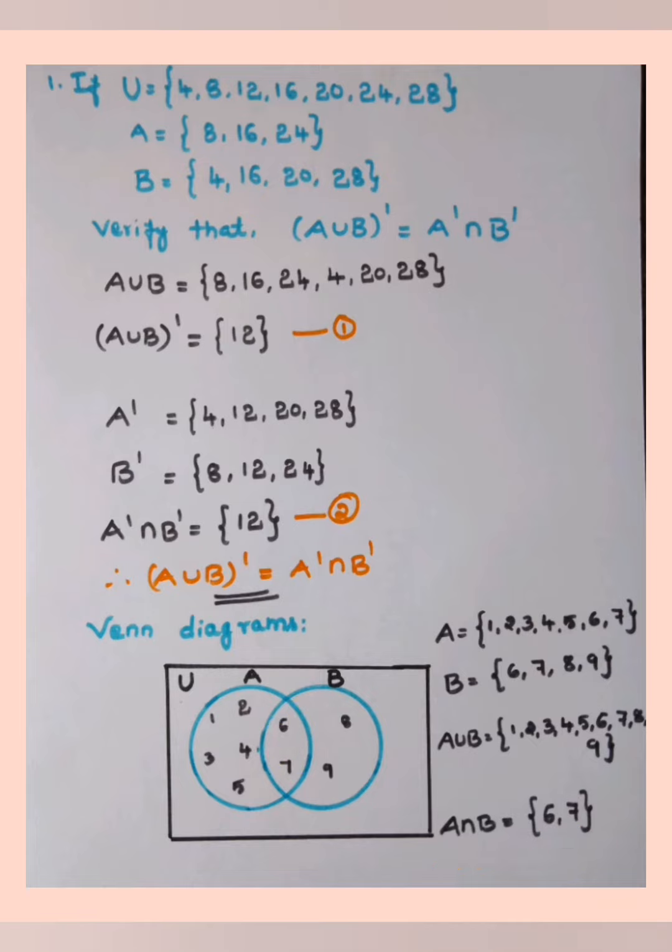In order to shade, suppose they ask only to find out about A intersection B in the Venn diagram, you have to draw like this, then shade this part. Like this if you shade, that shows A intersection B. If you want to shade A union B, you have to shade the entire part like this. If a Venn diagram is given and you are asked to find the elements of the set, you can find them out.